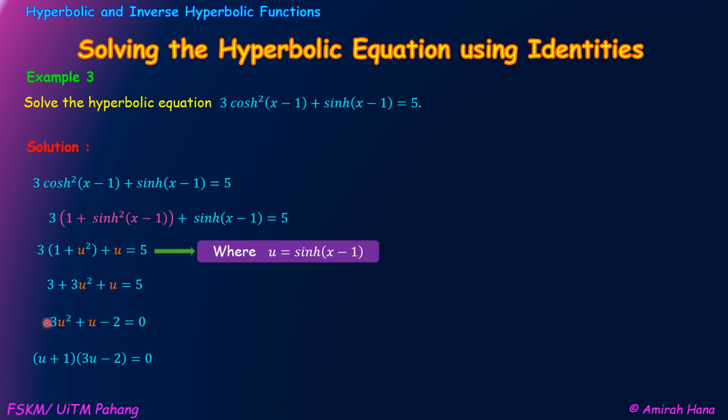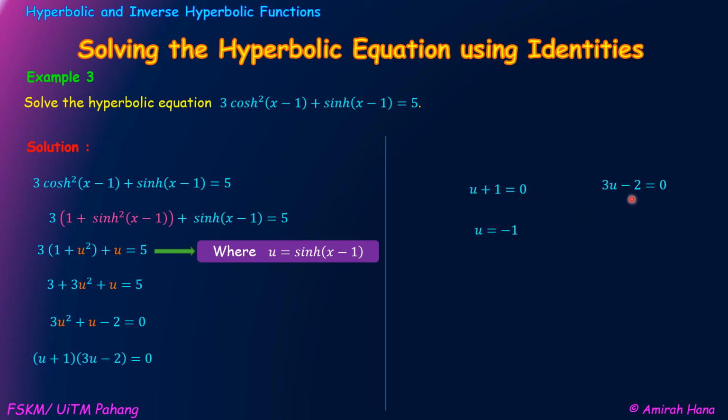If we have a quadratic equation that cannot be factorized, you can use a calculator to find the value of u. And then from here, we equate each factor to 0. So we get u plus 1 equals 0 or 3u minus 2 equals 0.